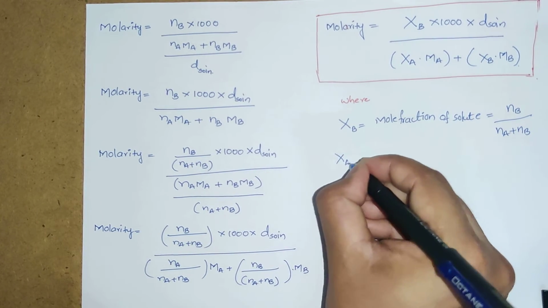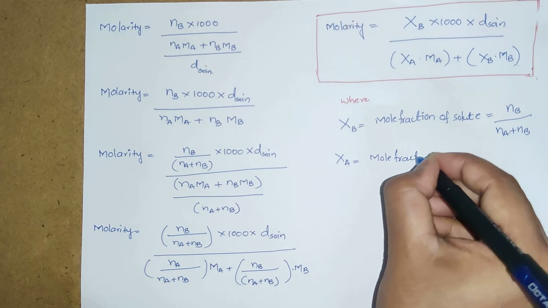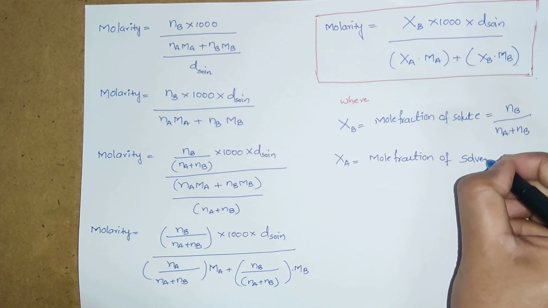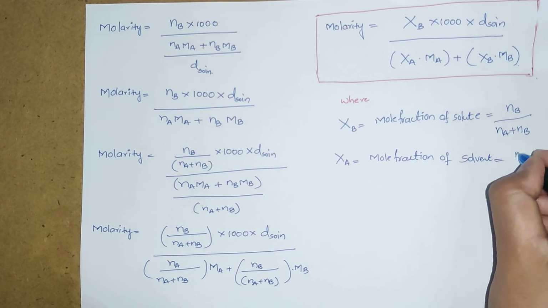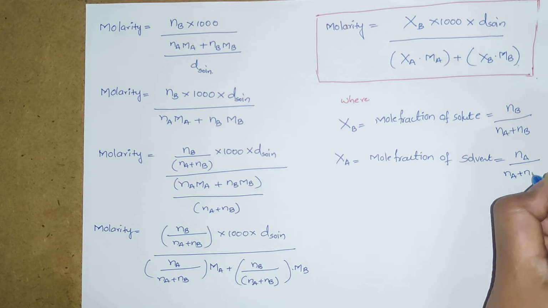XA is equal to mole fraction of solvent, that is equal to Na by Na plus Nb.